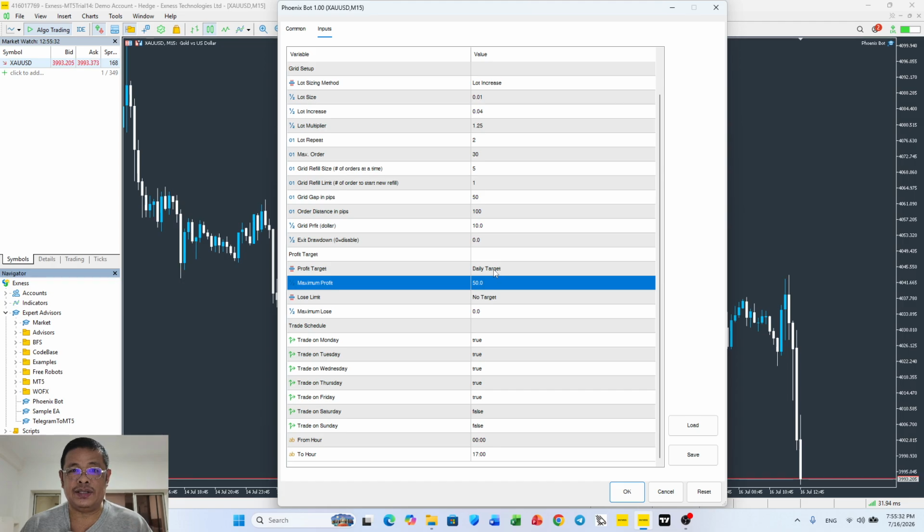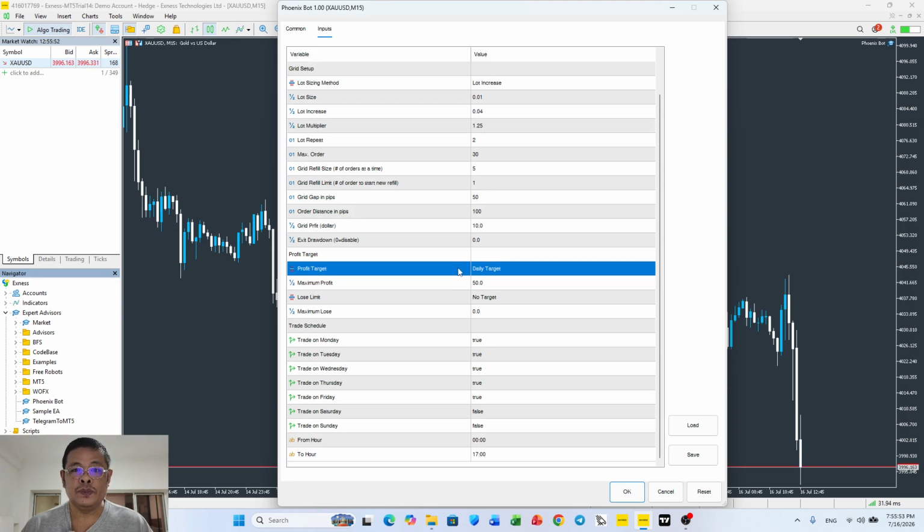I strongly suggest you use a daily target, just 1% of your capital. 1% is too much already, actually. Imagine in one month you will have 20% profit already. So if you are not greedy, this EA will work. So number two is about taking profit and not being too greedy, not overtrading.